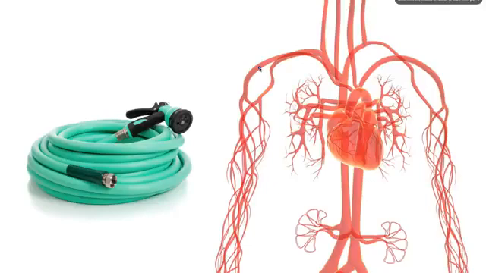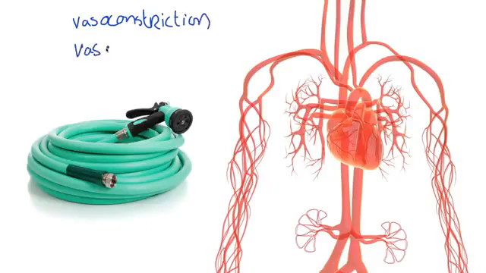The body compensates, so that if you're trying to get a lot of blood to a particular area but not to others, you take advantage of the processes of vasoconstriction and vasodilation. In vasoconstriction, you're constricting the blood vessels to make them narrower because you have smooth muscle surrounding those that can constrict and cause the lumen to be narrower.